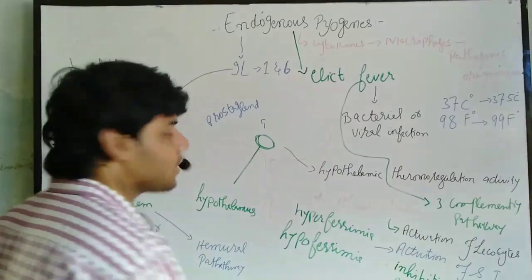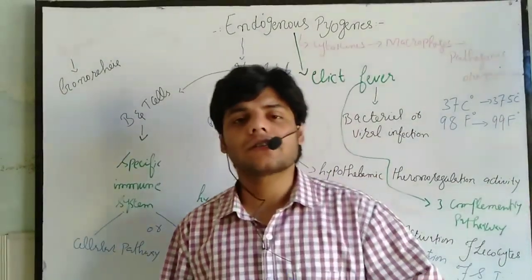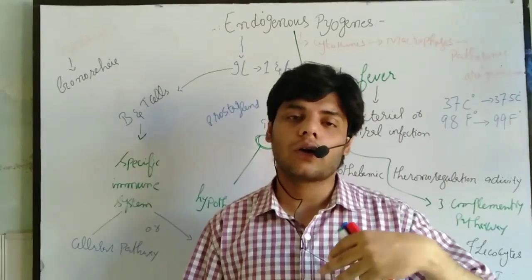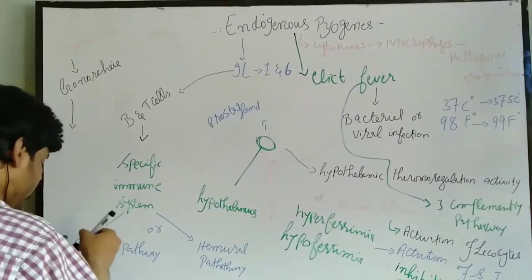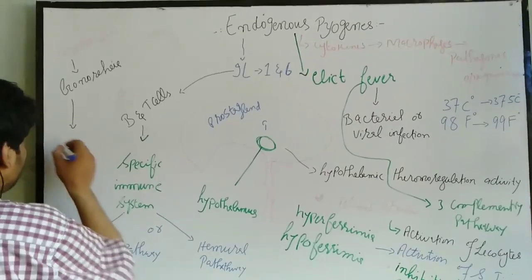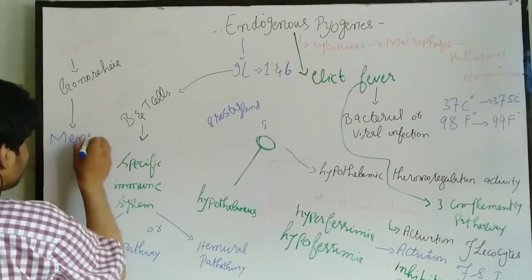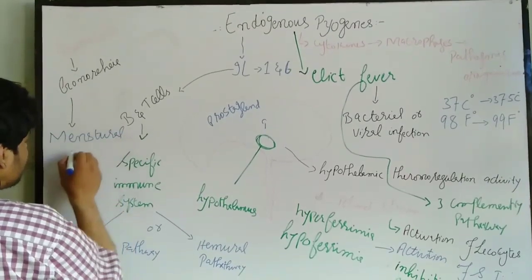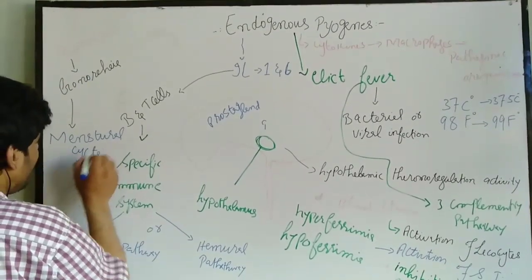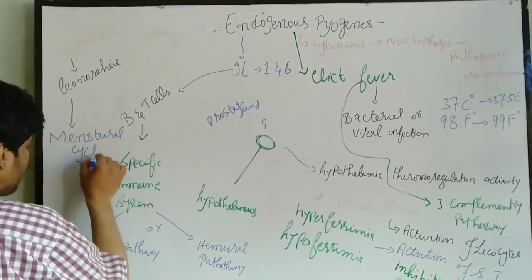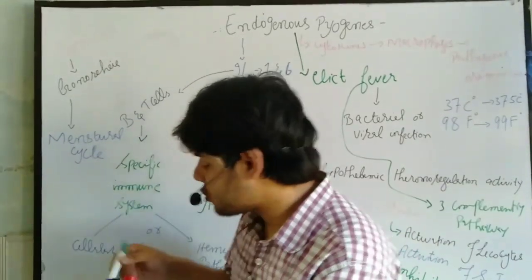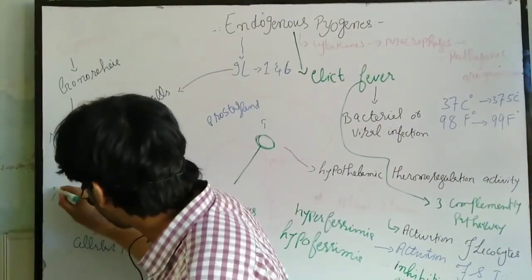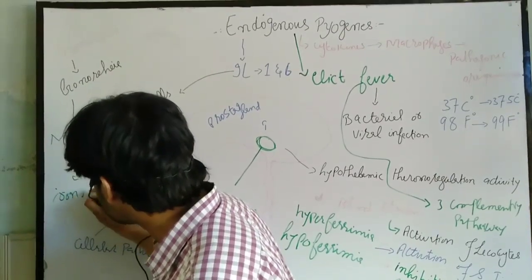Now in this case, let's suppose we take the female sexual organ, and all of you know that females perform the menstrual cycle. Now during the menstrual cycle, what actually happens? During the menstrual cycle, the iron concentration is increased.